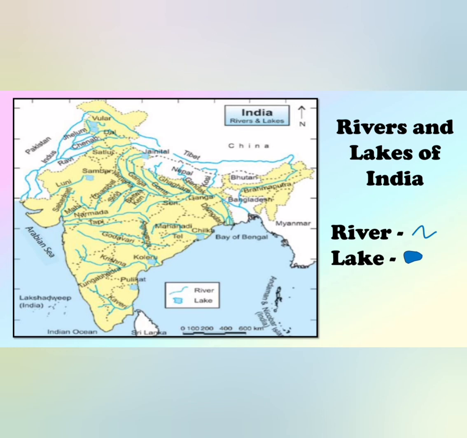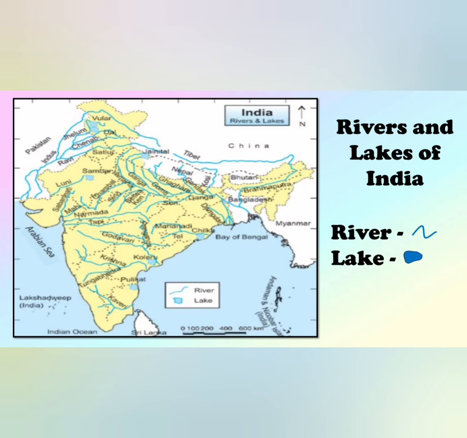Rivers and lakes of India. Now children, once again pay close attention here, because we are going to see the rivers and lakes of India one by one, and you have to mark them properly in the map, right?